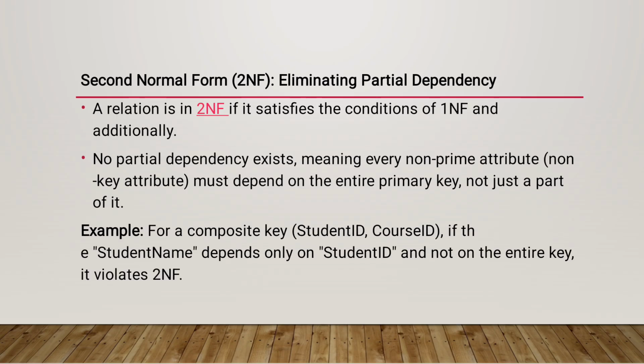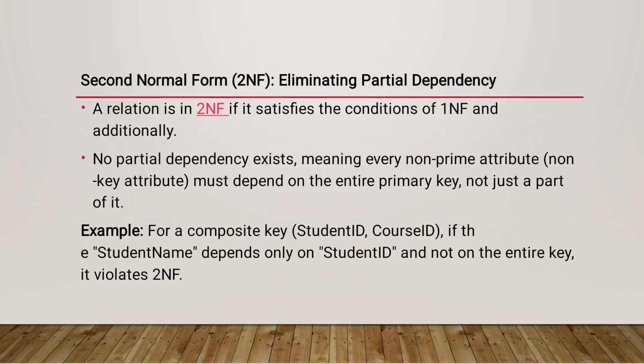Next, second normal form. In second normal form, it will eliminate the partial dependency. To satisfy the second normal form, it follows the conditions of the first normal form, and additionally, no partial dependency exists.